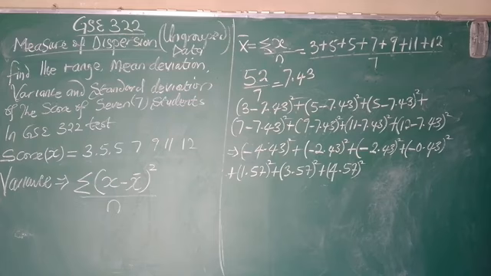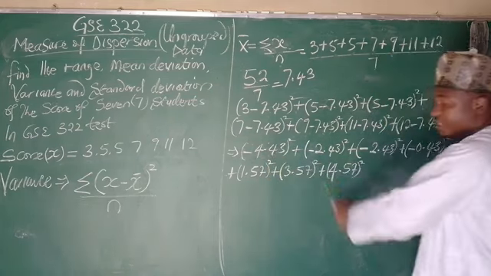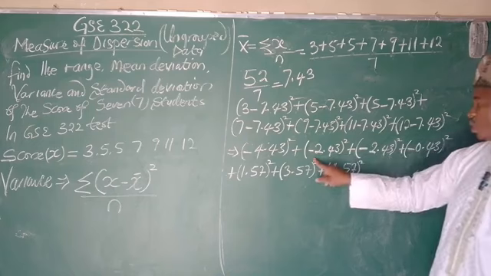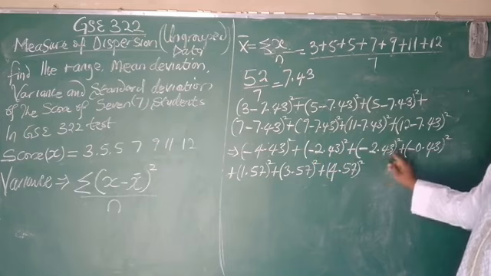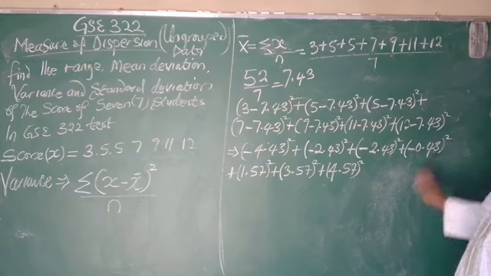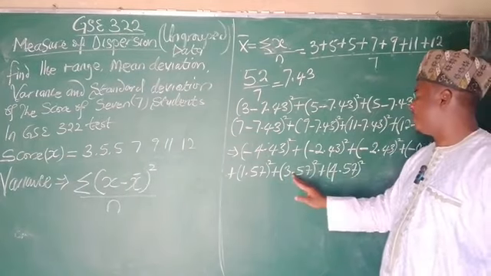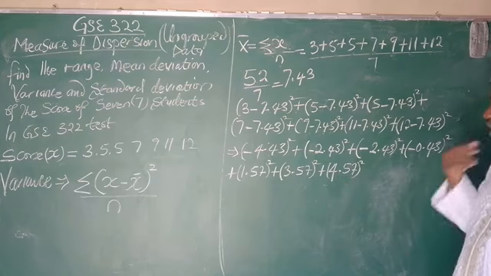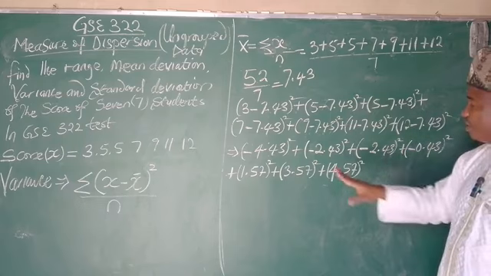So now we have gotten this result: minus 4.43 square, plus minus 2.43 square, plus minus 2.43 square as well, plus minus 0.43 square, plus 1.57 square, plus 3.57 square, plus 4.57 also square. So now, having obtained this, then we should what?